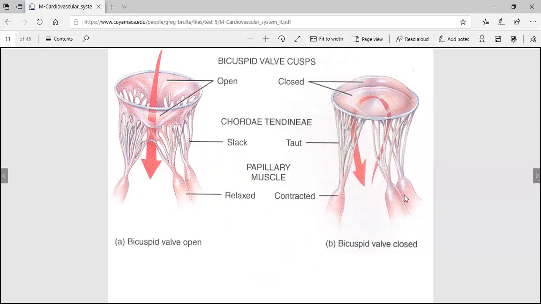And these papillary muscles act like door stops, because if they didn't contract at the same time, these valves could blow back up into the atria. In other words, the blood would slip past them and regurgitate into the atria. So these help hold that valve down. It's kind of like a door stop.